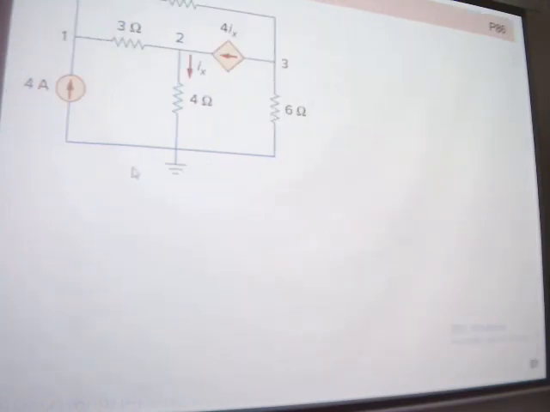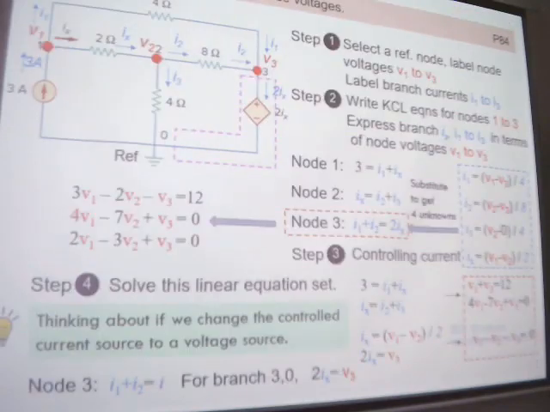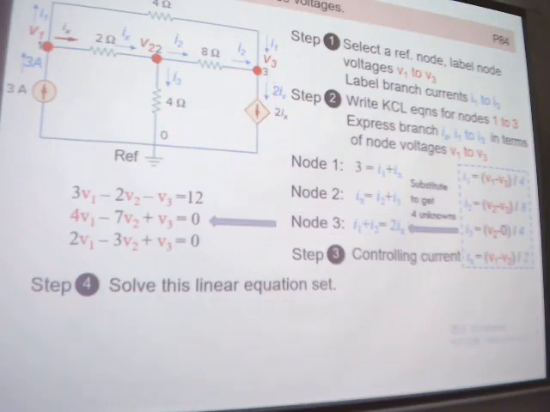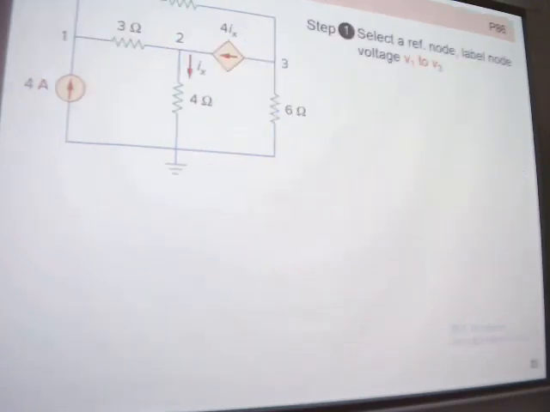One more practice. Okay, please calculate the node voltages. Is it the same as the last one? 1, 2, 3 nodes. Is it still a current source, right? So what is this one? Controlled current source. The same, so we don't need to talk about this one.